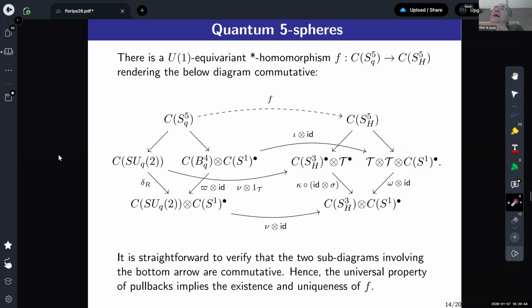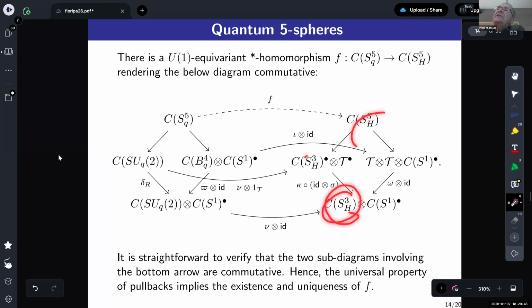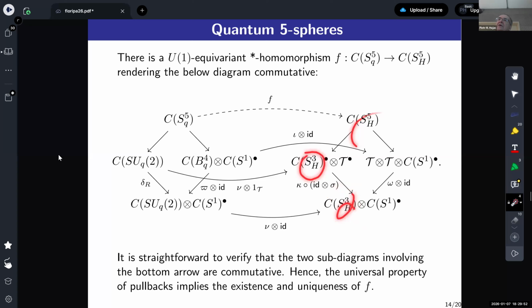Okay, so now, and this is, if you want, the Hilbert sphere. Probably the simplest way to explain these odd-dimensional Hilbert spheres is the following. You take an appropriate power of the Toeplitz algebra, and you divide it by the same power of compact operators.